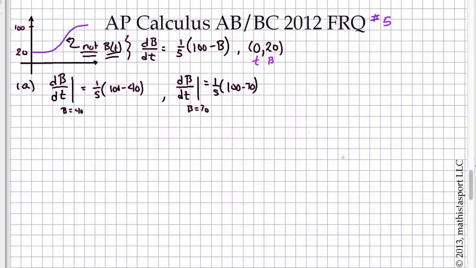Okay, so this of course is 60. 1/5 of 60 is 12. This is 30. 1/5 of 30 is 6. And so it is here at B equals 40 that the weight gain is faster.